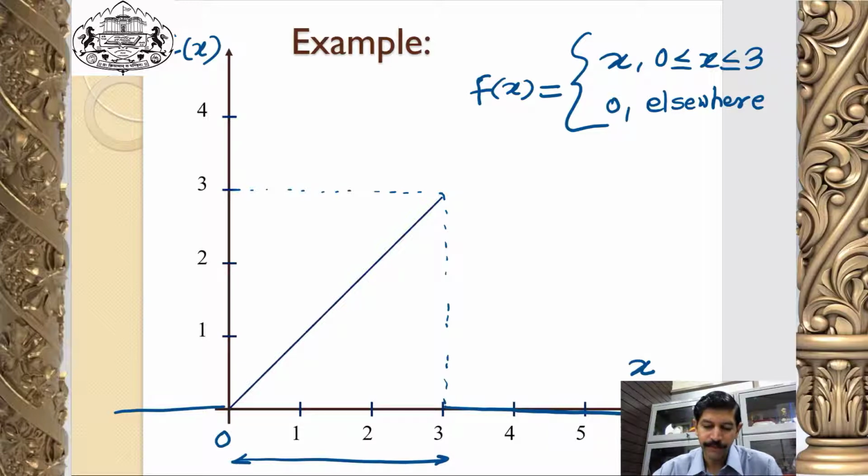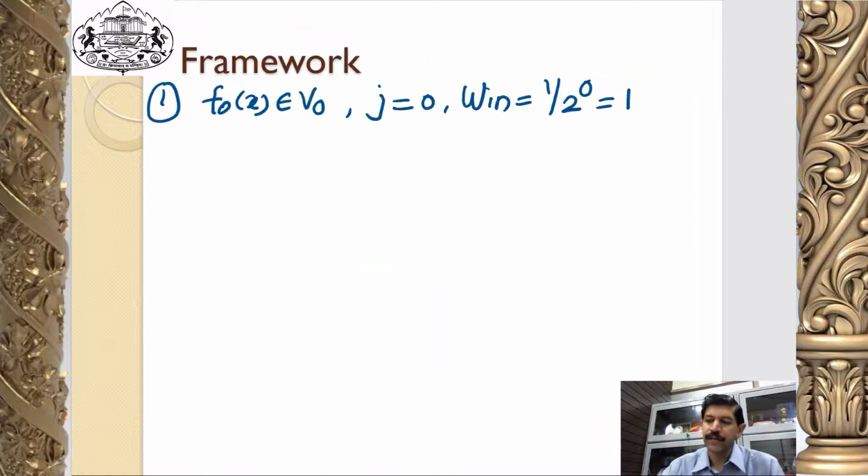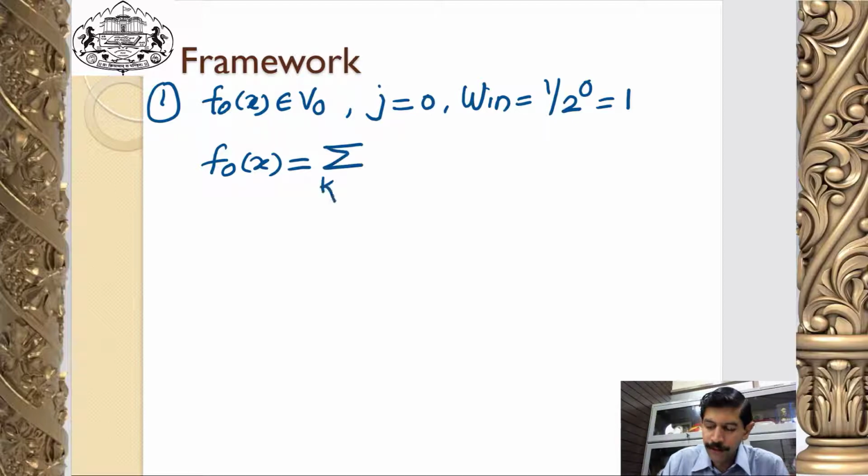Keeping this in our mind, now let's understand the f0 of x by plugging in the values into the formula. We have already seen that f0 of x will be the summation over k values from 0 to 2 of alpha 0k into 2 raised to j by 2, but j is 0, so 2 raised to 0, which is 1, so it's gone.